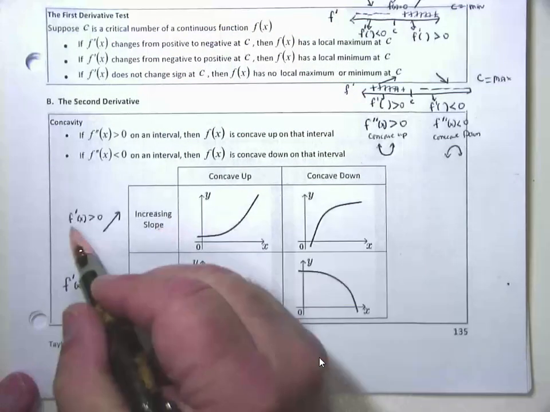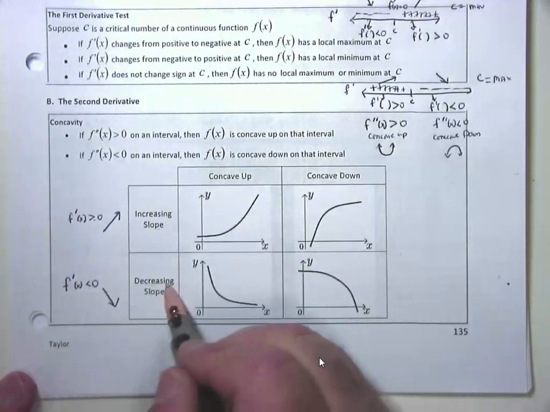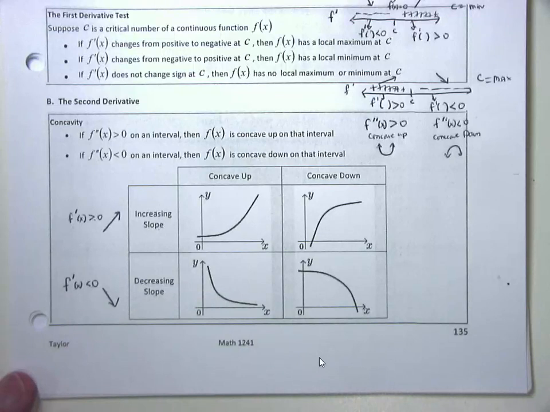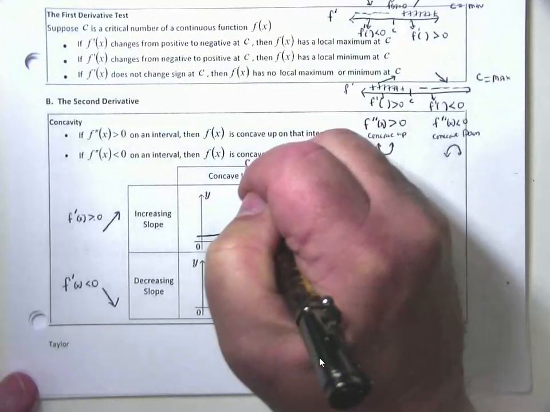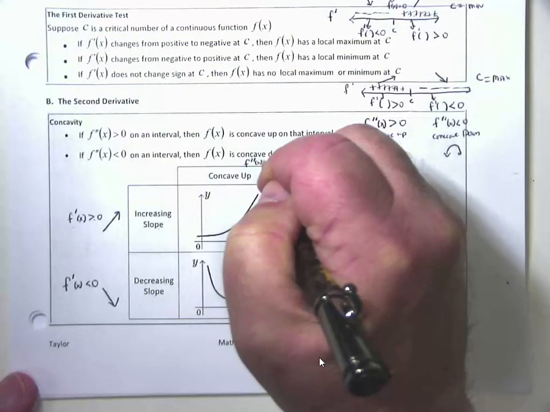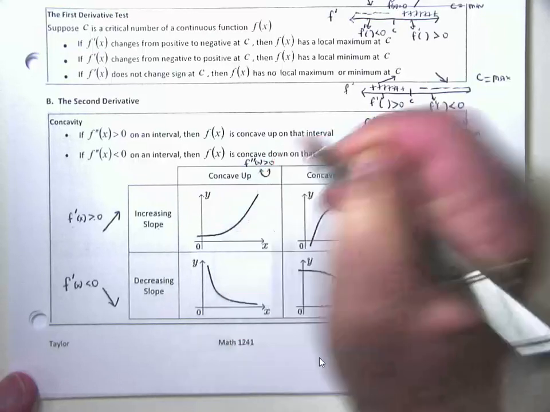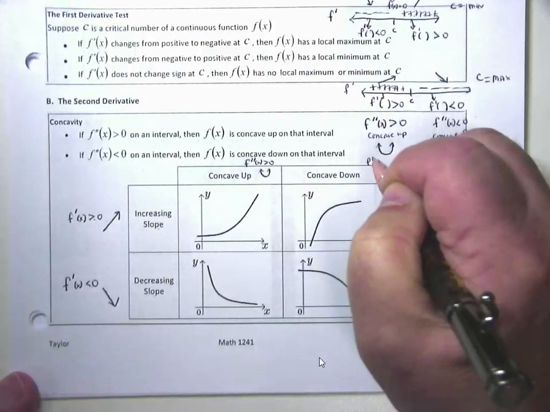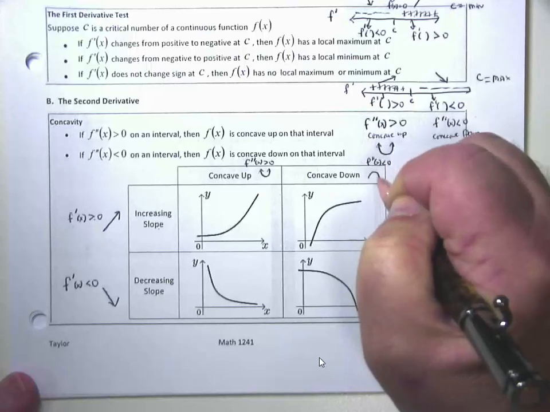Increasing slope means the first derivative is greater than 0. Decreasing slope means your first derivative is less than 0. Concave up means your second derivative is greater than 0. That's U-shaped up. Concave down means your second derivative is less than 0. That means it's concave down.